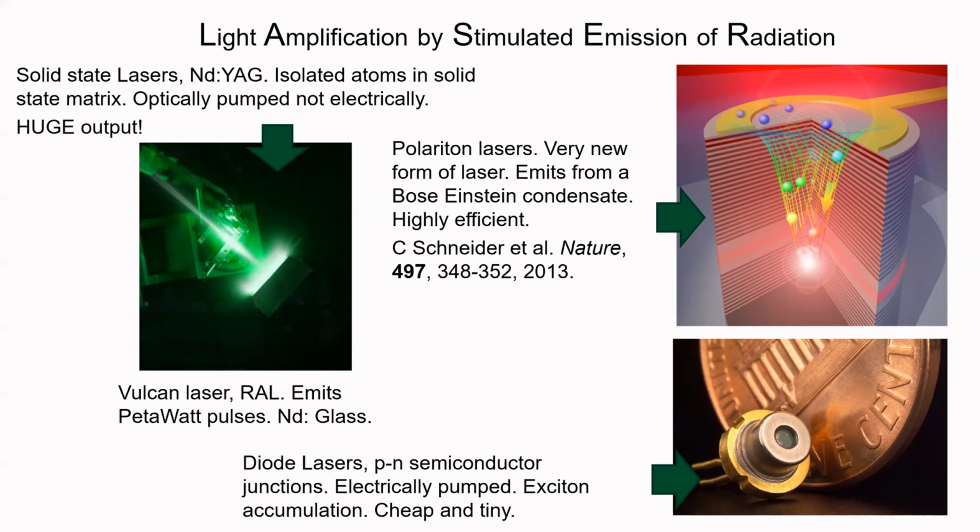And then there are more esoteric and sophisticated systems. Polariton lasers are kind of a cool new thing. In this, you're creating electron hole pairs. Although the electron and the hole are both spin half particles, the pair together is a spin integer particle.